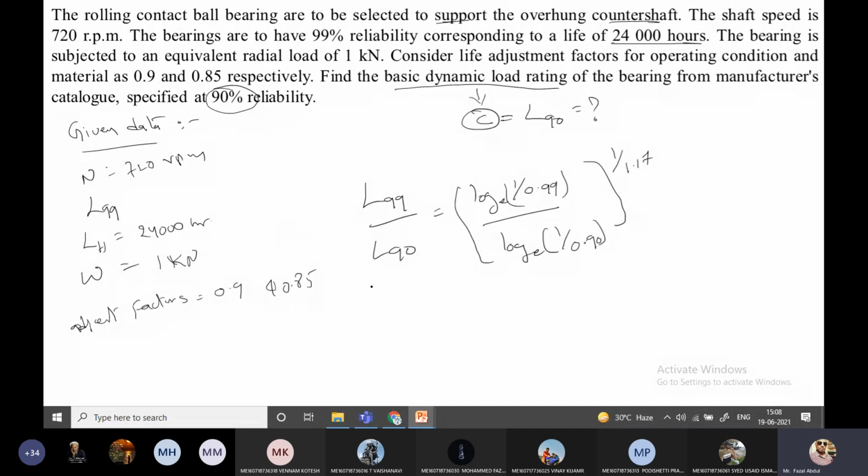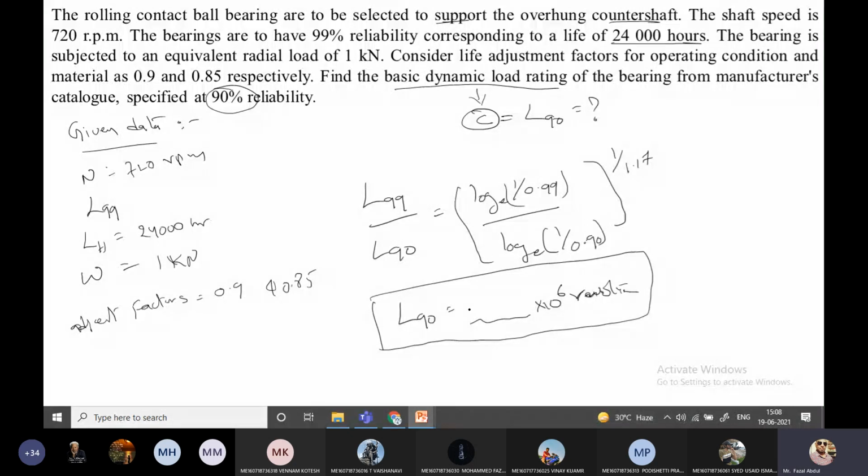So with this relation what will we get? We'll get the life for 90% reliability in number of revolutions. Tell me the answer directly. For 90% reliability, how many revolutions are there? The revolutions should be expressed in terms of 10 to the power of 6. Now tell me what is the magnitude here?